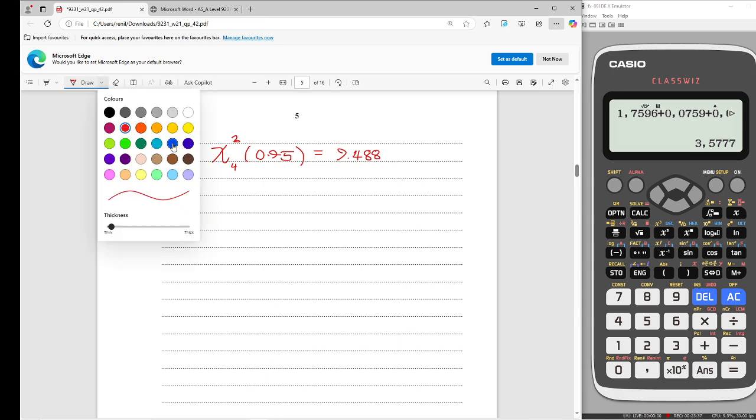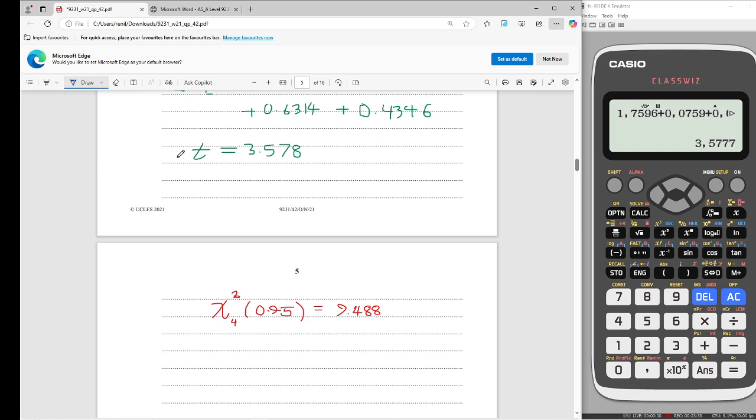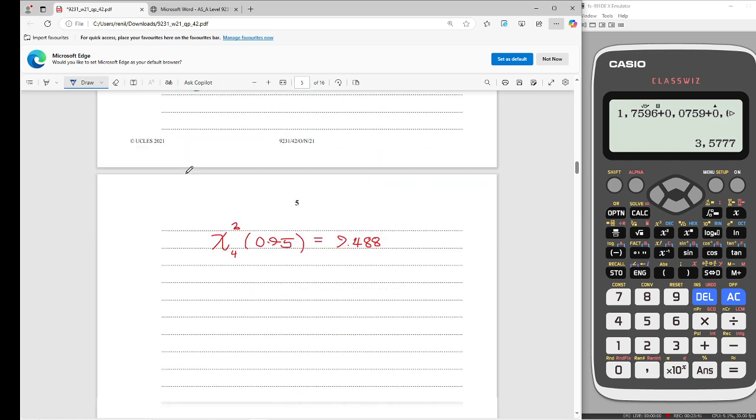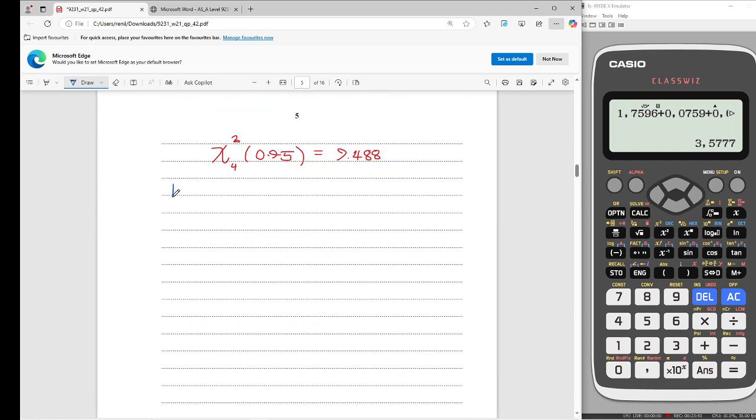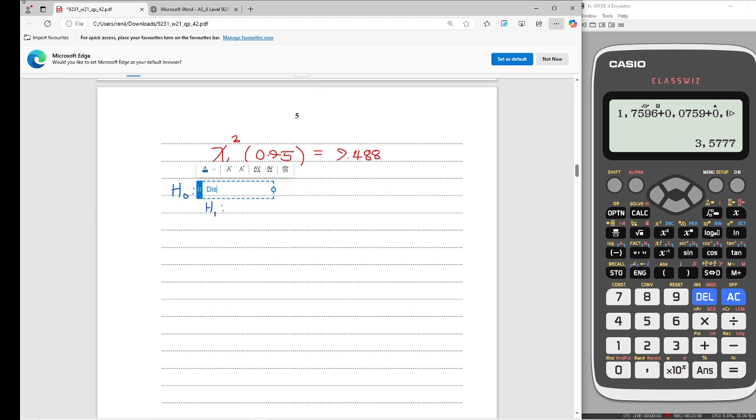you should always keep, you can keep this towards the middle parts for chi-square tests, is to state H0 and H1. So H0 is going to mean that the distribution fits the data.